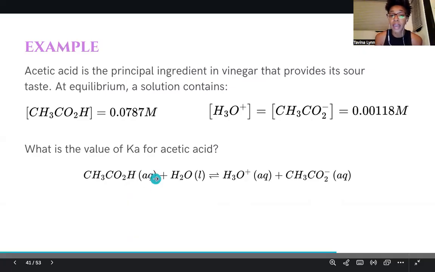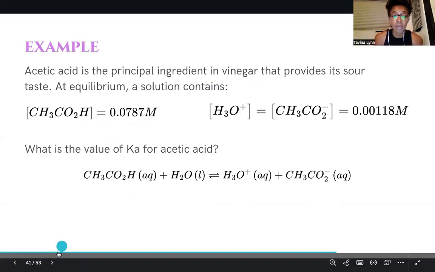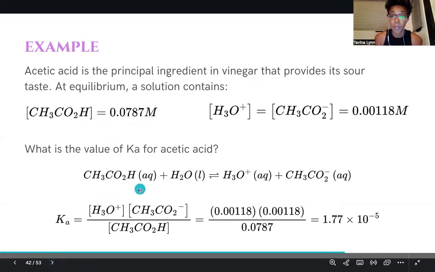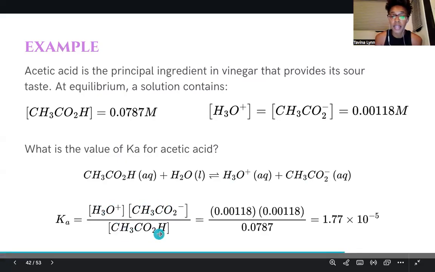So we want to get Ka. Well, they told us what the equilibrium concentration is of acetic acid, of its conjugate base acetate, as well as hydronium ion. So when we write our Ka expression, it will be H3O+ times acetate over acetic acid.